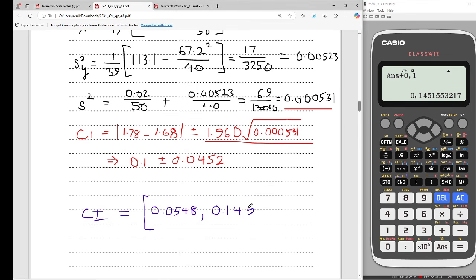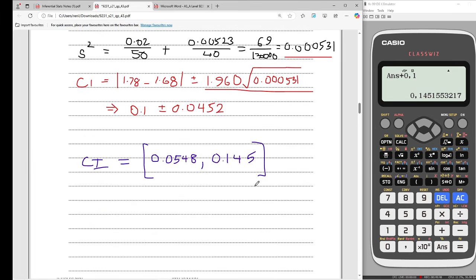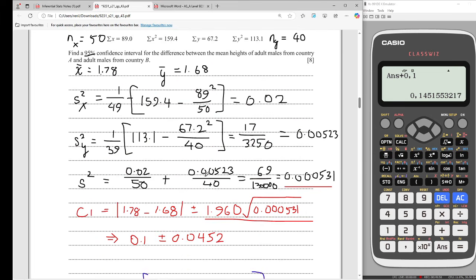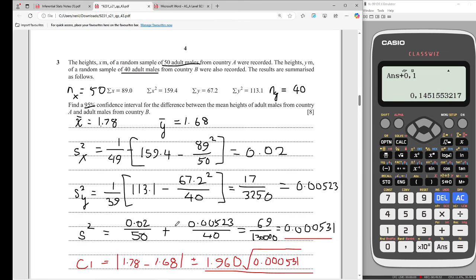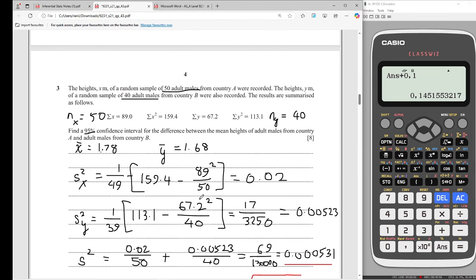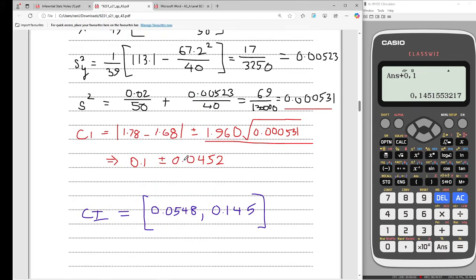So that right there is your y value for the confidence interval. And that pretty much sums up all of that is for double sample confidence intervals.